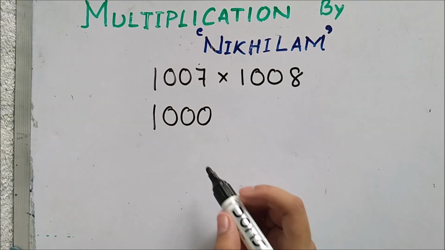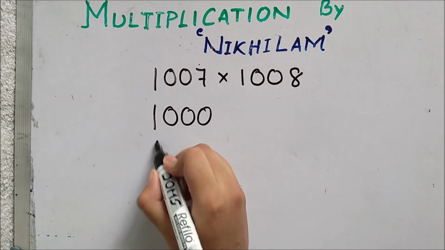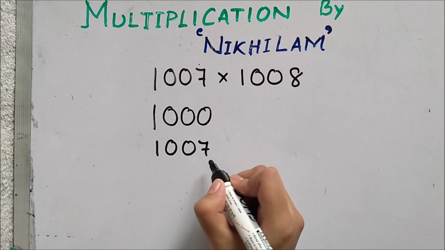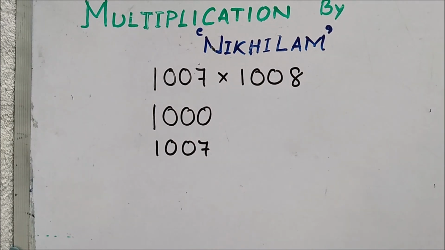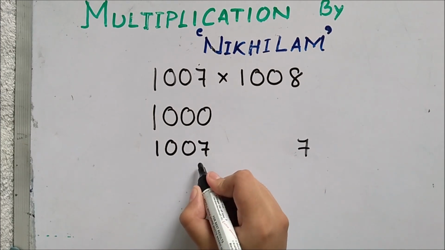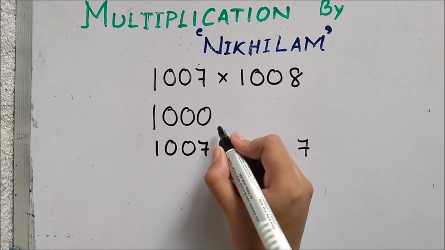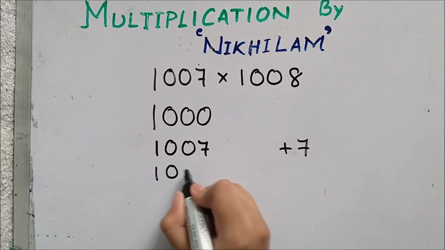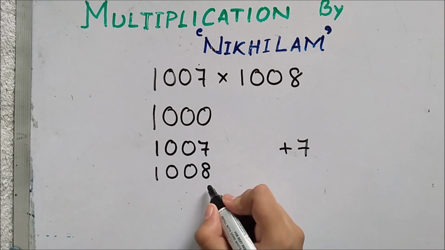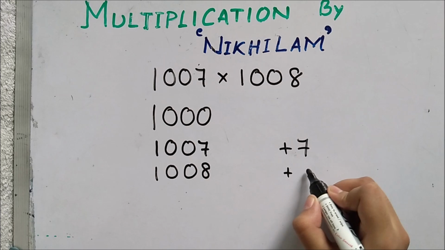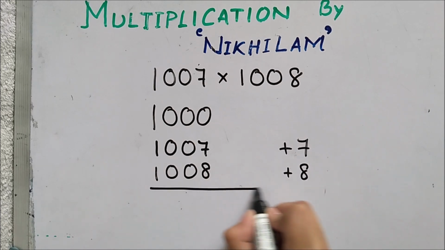Our first step will be, we will subtract 1000 from 1007, that is 7. Since this time 1007 is greater than 1000, hence it is plus 7. And our second step will be, we will subtract 1000 from 1008, that is plus 8.